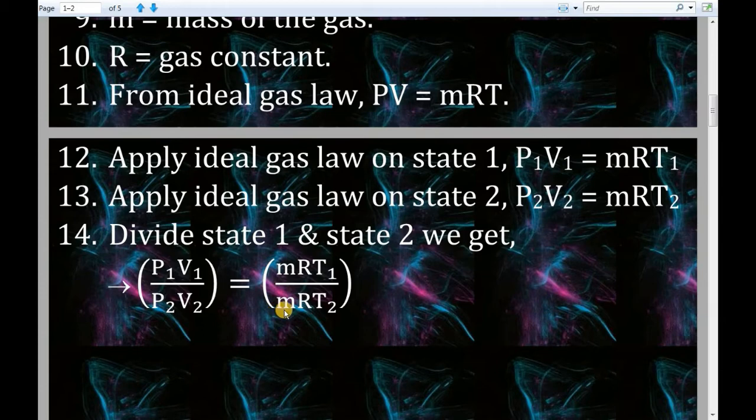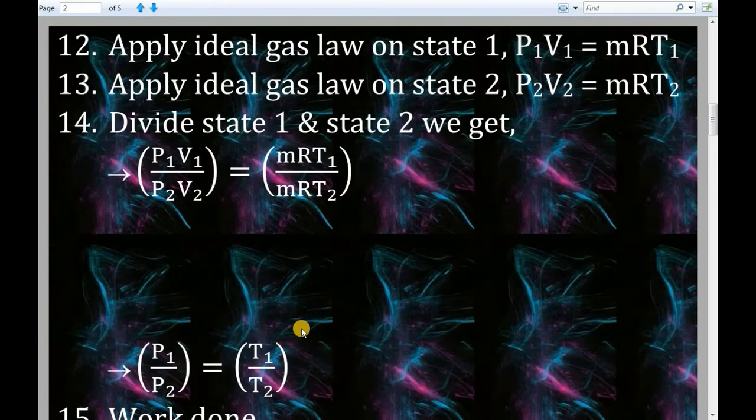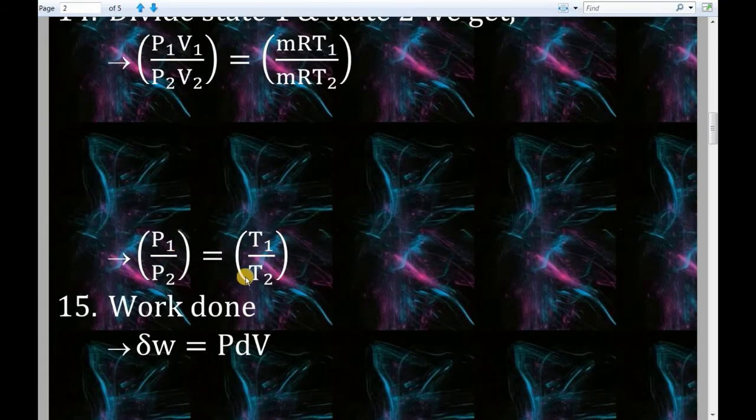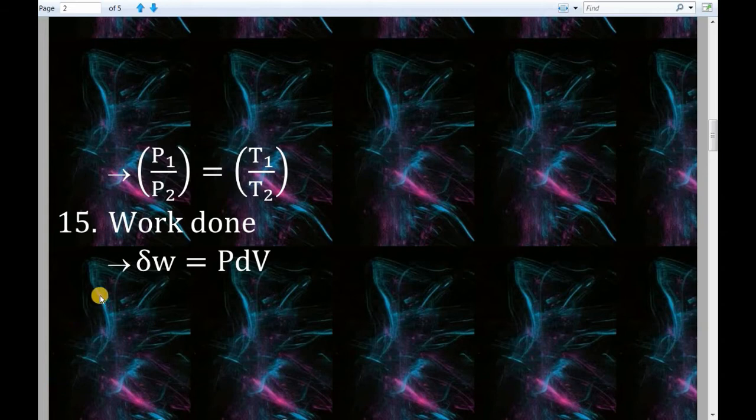Therefore, the m in the numerator and the m in the denominator get cancelled. And the gas constant value remains the same before and after heating. Therefore, the R in the numerator and the R in the denominator get cancelled. So the next step will be P1 by P2 is equal to T1 by T2. This is the relationship between the pressure values and temperature values of different states in the constant volume process.